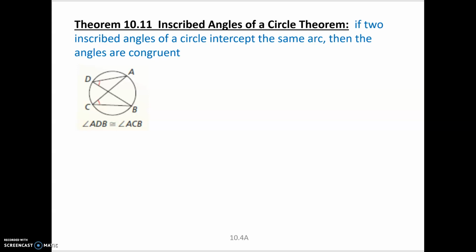So in this picture, both of these angles, ADB and ACB, intercept arc AB. So both of these angles are congruent. If they intercept the same arc, then they are congruent.